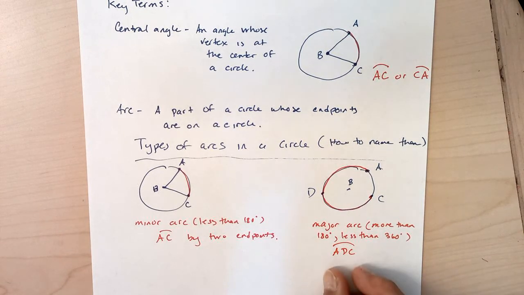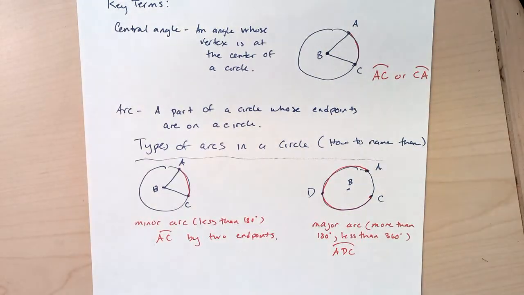The two outside letters or points would be the endpoints of the arc. So this could be the same as arc CDA, but I can't really name it anything else. Like I can't mix up the points or the letters such as DCA. That would be a different major arc, even though DCA is also a major arc.